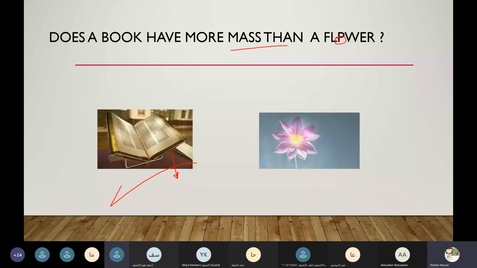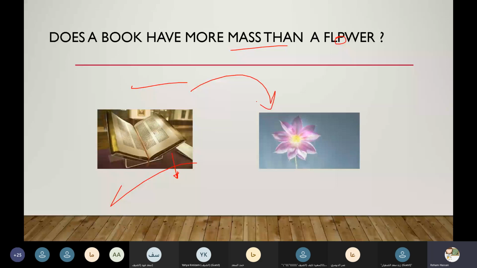Because it has more papers. Yes, so more amount of matter. Thank you so much, Zaid. Super. So more amount of matter in the book, so the book has more mass than the flower.